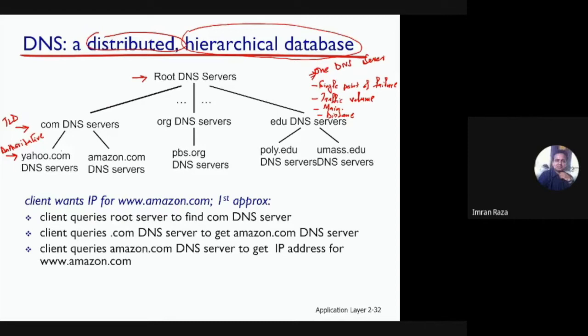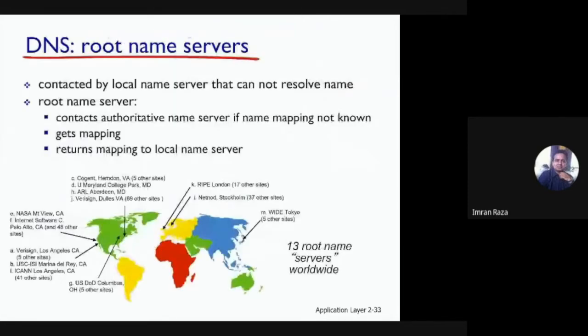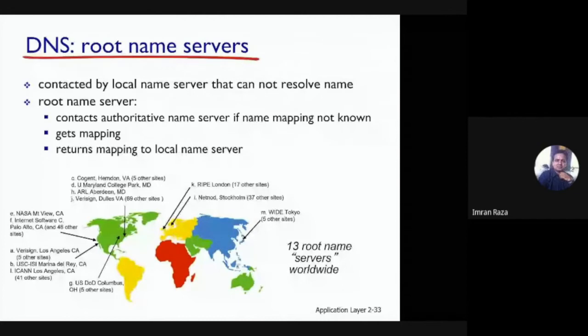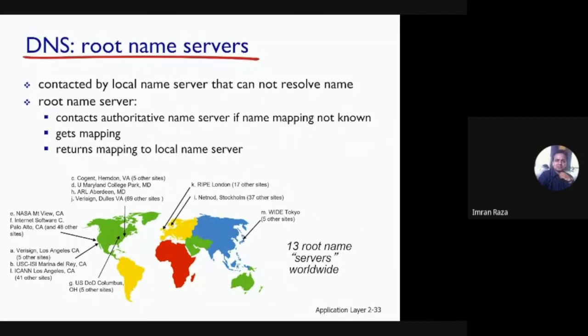Let's talk about these servers in detail. So first we have the root DNS servers. There are 13 root DNS servers distributed around the world, and each of these 13 root DNS servers is actually a network of replicated servers, right?